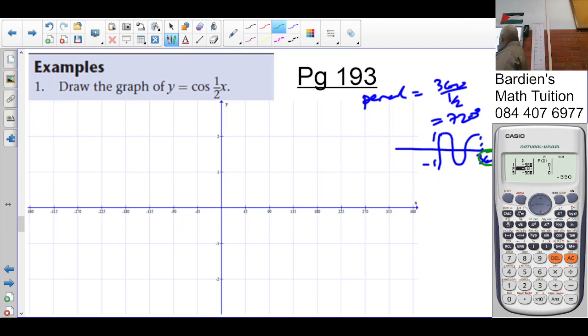So if that is 720, that is normally 180 is now going to be 360. So it's only that part of the graph that I'm going to be able to draw. So you go 0. This is normally 90, but it's going to be now at 180. This is normally 180, now going to be at 360. Can you see that?